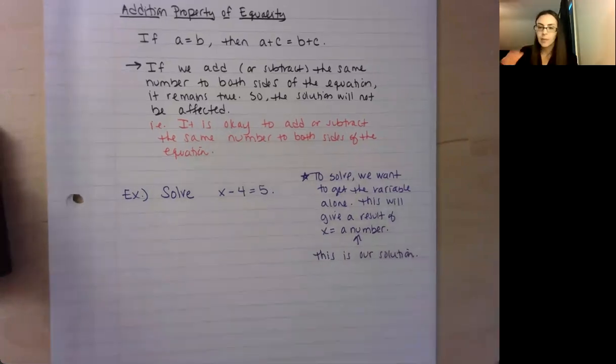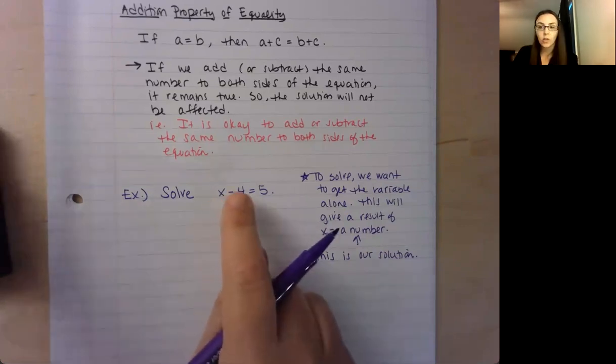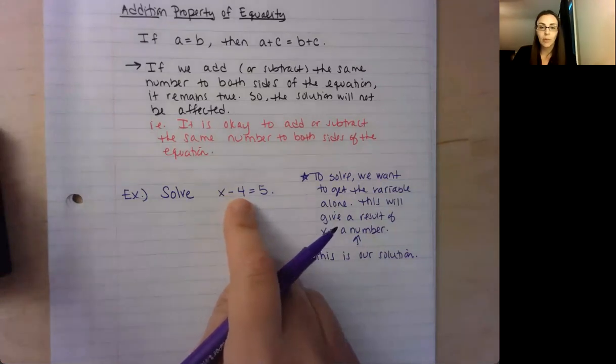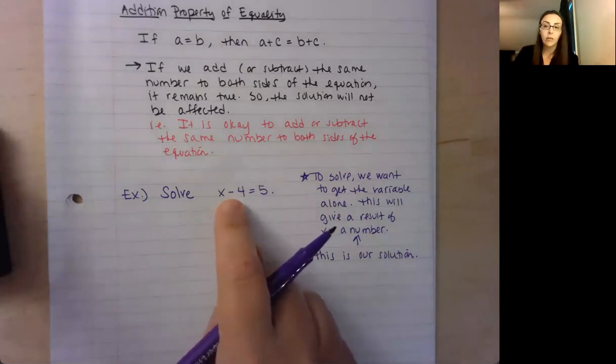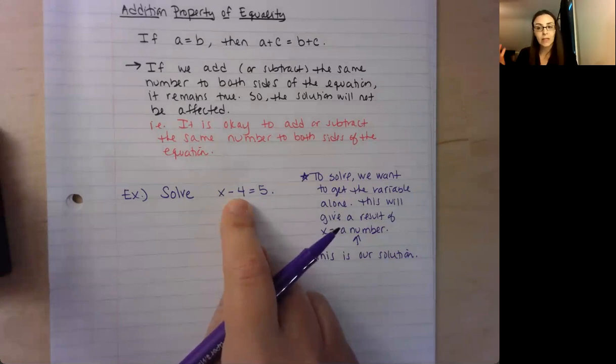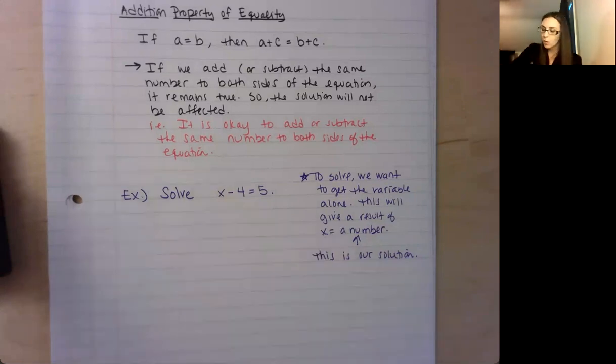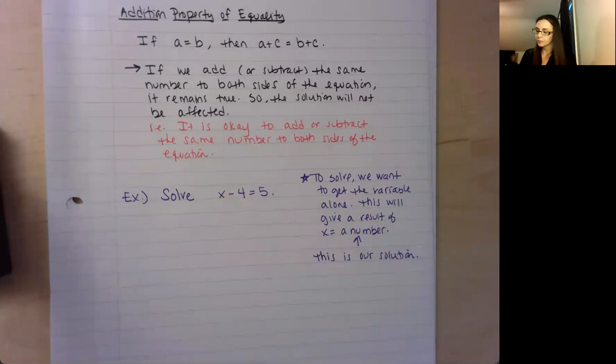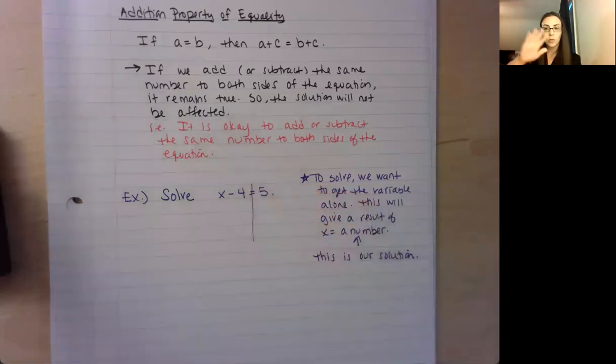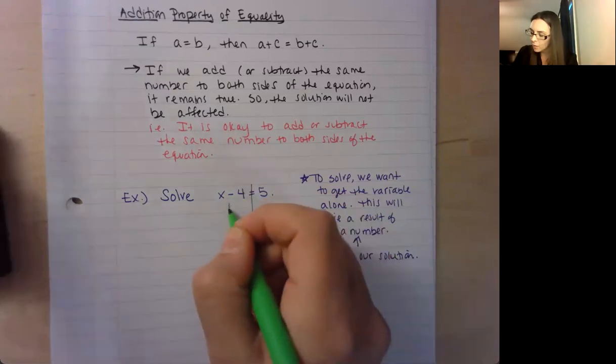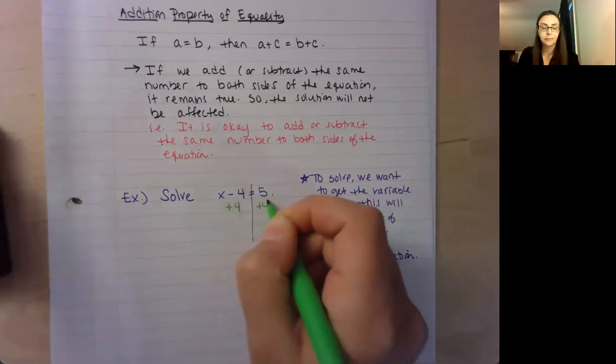So I want the variable to be by itself on that side of the equation, and I want this minus 4 to go away. When we're solving equations, you really want to think about opposites. If I want a minus 4 to go away, the opposite of minus 4 is plus 4. So what I can do here is draw a little line at my equal sign just to show my two sides of the equation, and I'm going to add 4 to both sides.